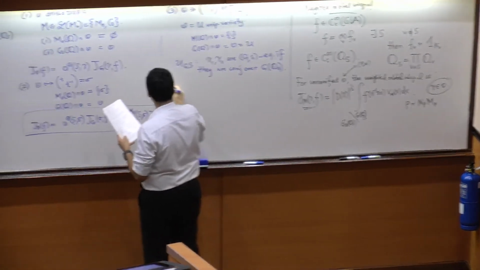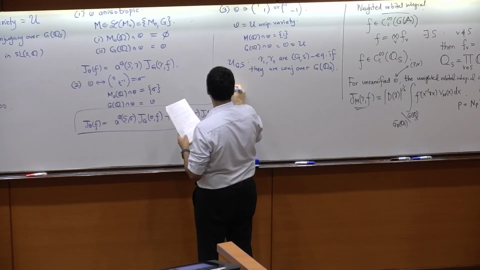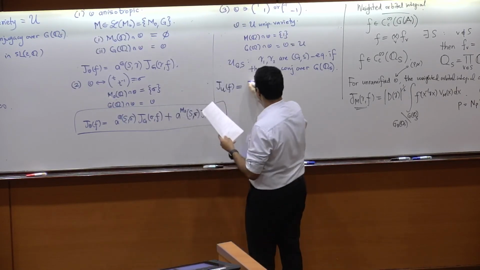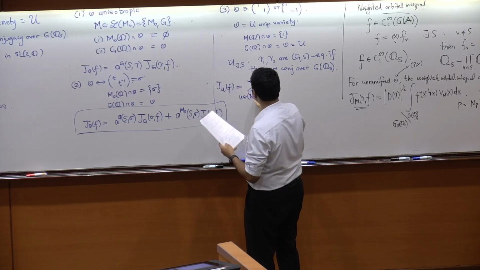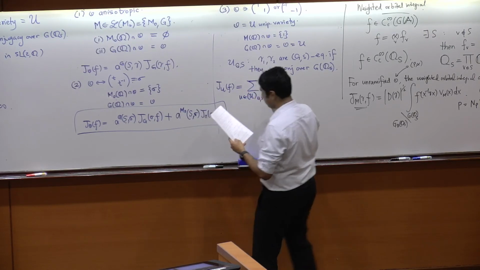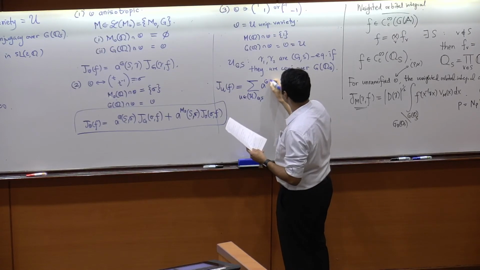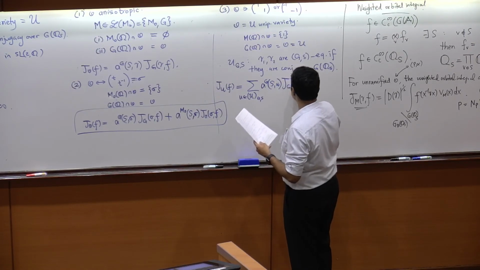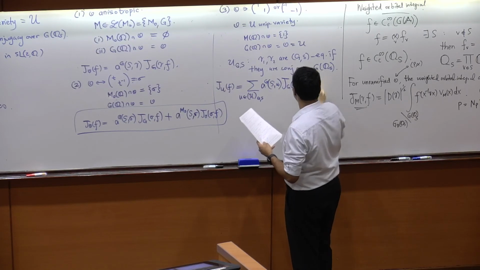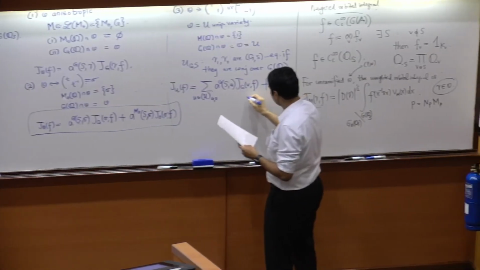In this case, the expression for J_U(F), U is the unipotent variety, consists of these finitely many terms, the sum over U_G^S of a_G^S(U) J_G(U, F), plus the Levi terms, and there is only one term.